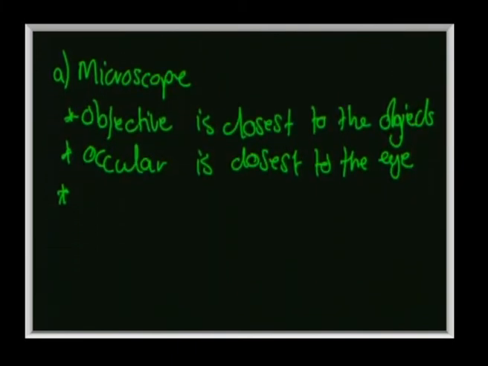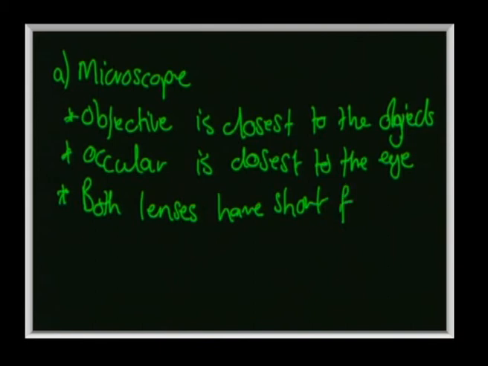Now, both these lenses have very short focal points. So you can say that both lenses have short focal points. Our fourth point. Now, we are going to form an enlarged, inverted, and real image.